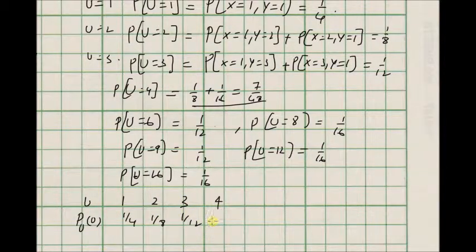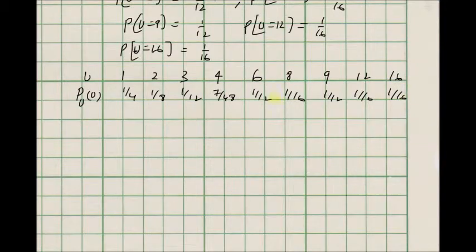For 4, we have 7 by 48, and for 6, we have 1 by 12. For 8, we have 1 by 16, for 9, 1 by 12, for 12, 1 by 16, and for 16, 1 by 16. This table gives the probability mass function of U.